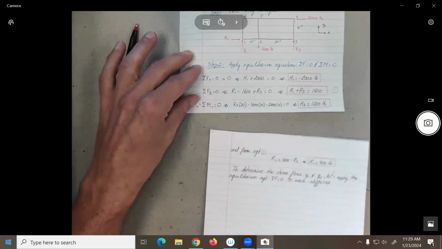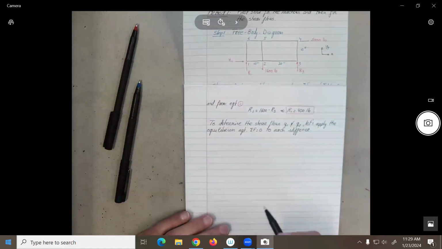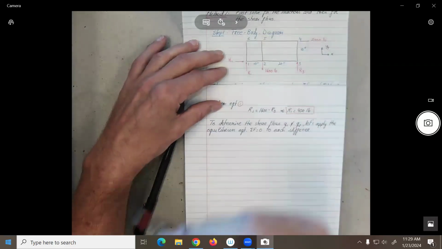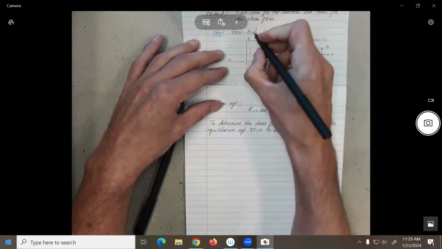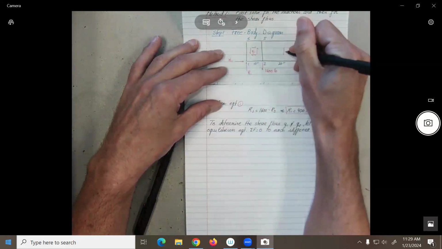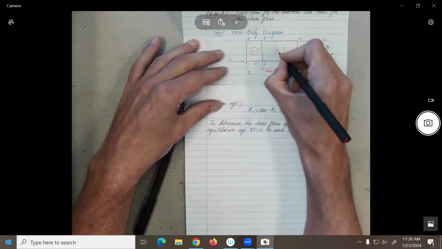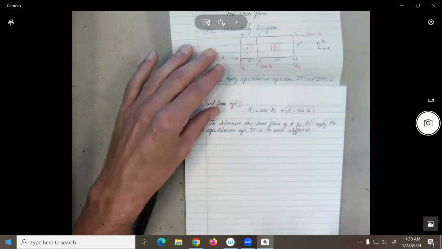Really, we don't need to do all of them. So basically, I want to redo a figure, even though we reuse this figure here. So we are over here. Q1. And this is Q2.